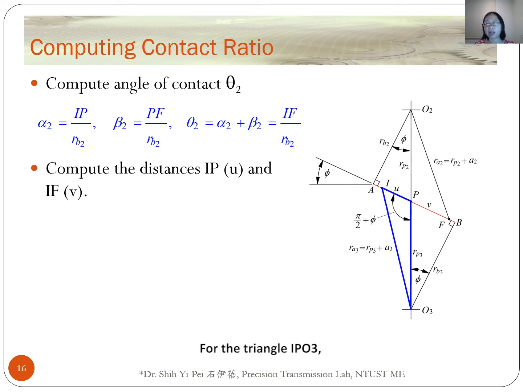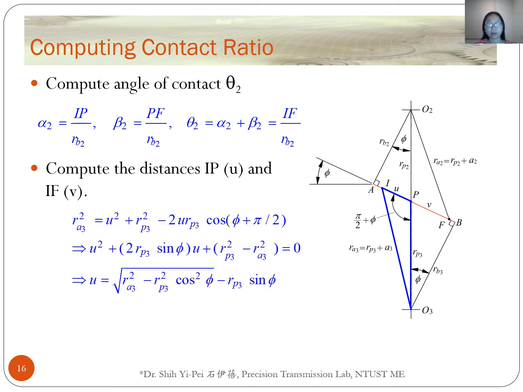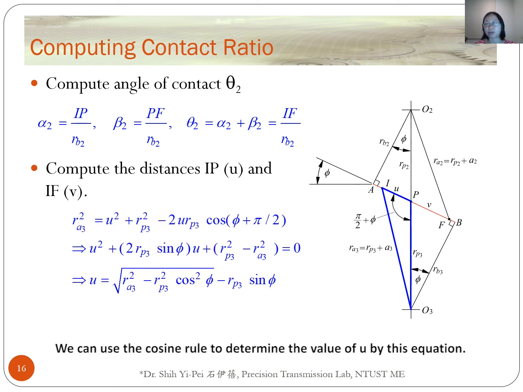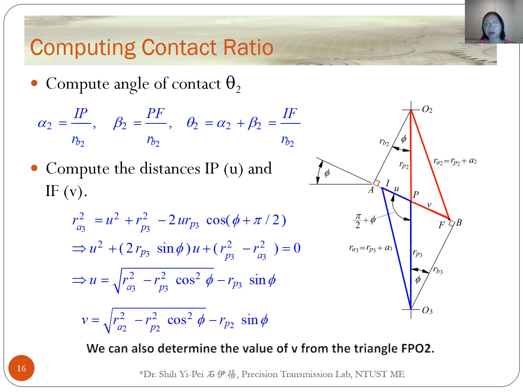For the triangle IPO3, we can use the cosine rule to determine the value of U by these equations. We can also determine the value of V from the triangle FPO2.